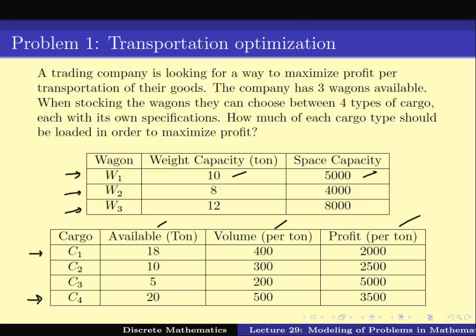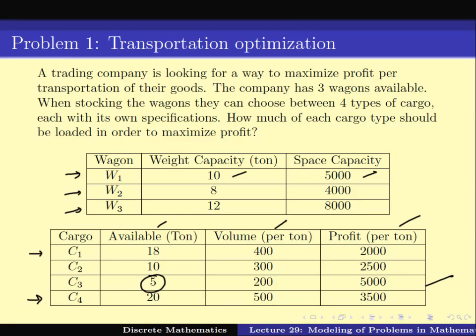But maybe if we take some object which has the maximum profit per weight, namely say this one, C3, then I can only fill up only 5 tons, and total volume available is just pretty low. Whereas if I take the next one, say, is it better to take the C4 or is it better to take C3?